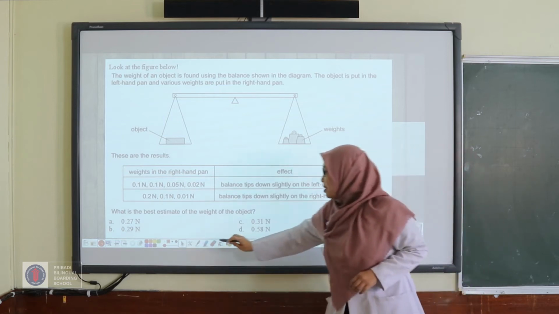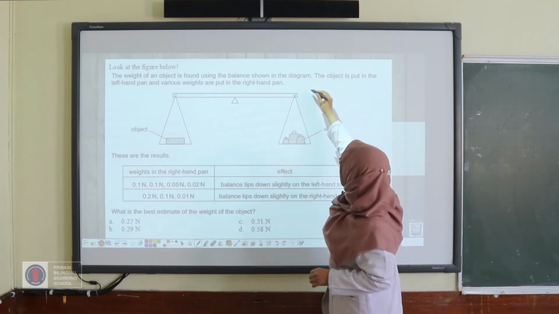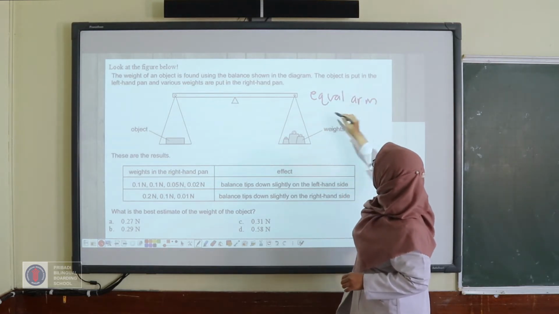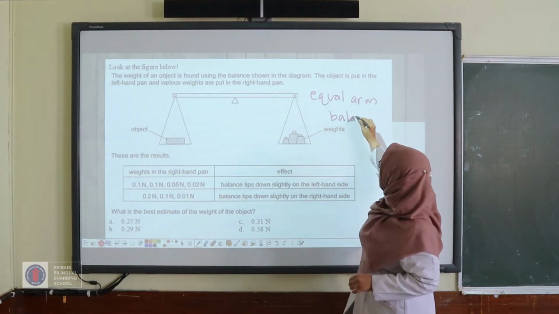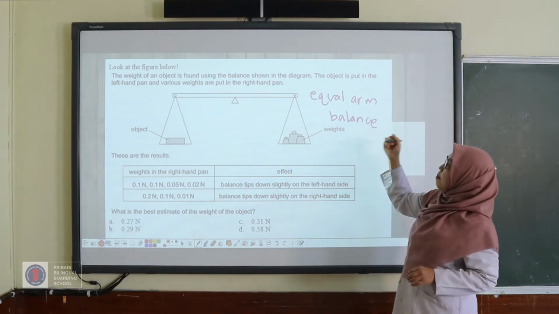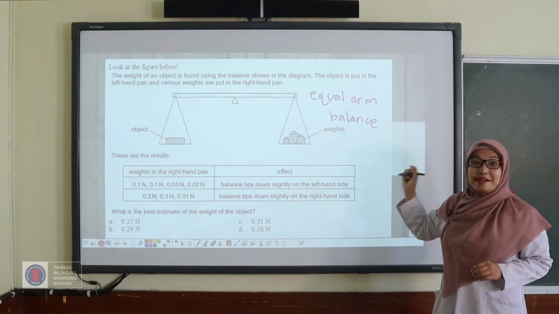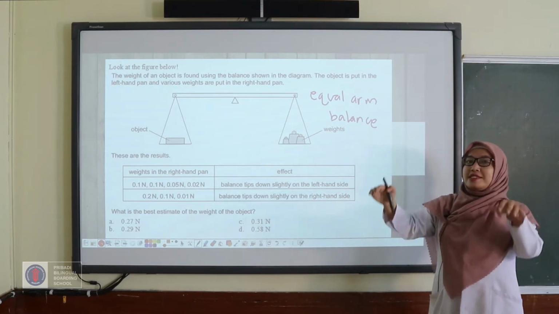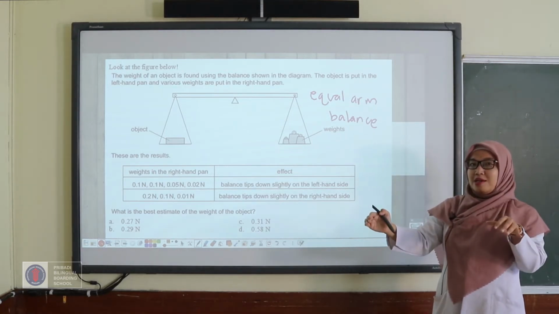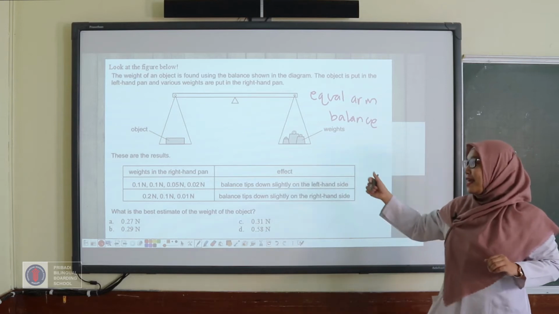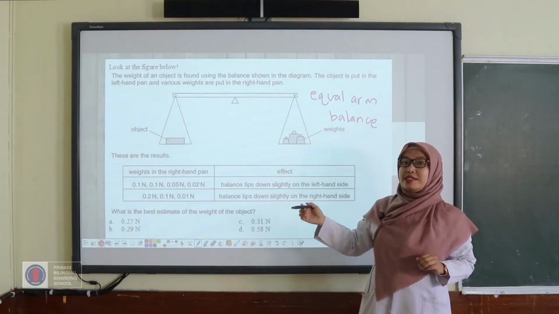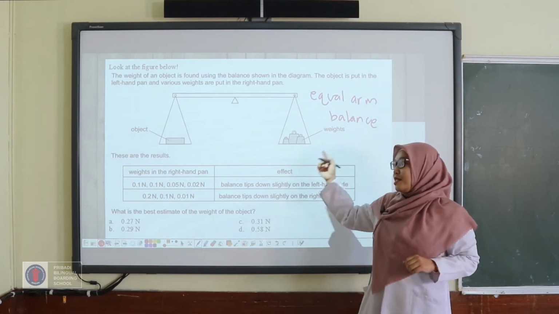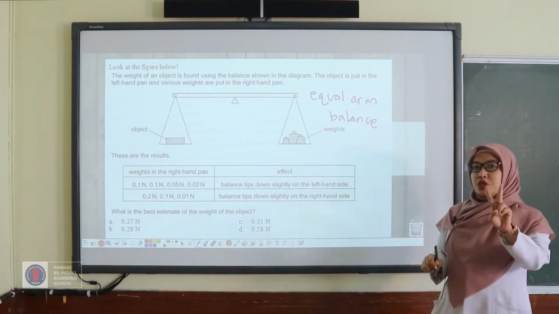Equal arm balance means that we can read the result of the measurement when both of these sides are equal. So, if one side tips down, it means that side is heavier than the other side. The student then made 2 trials.